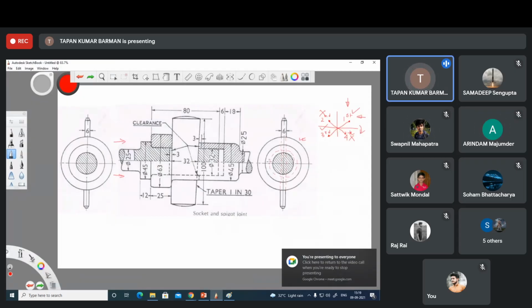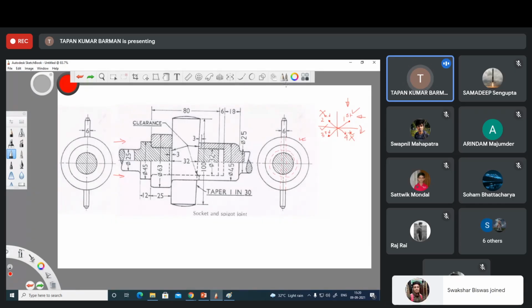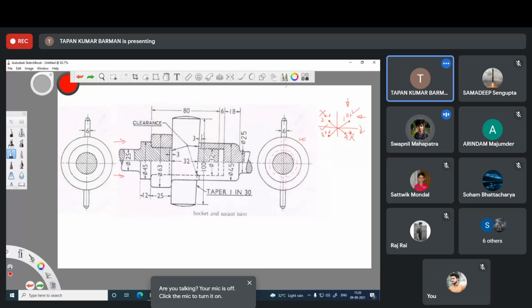So this is the left hand side view and this is in first angle. Do you agree with me why this is in first angle? Is there any difficulty to understand?